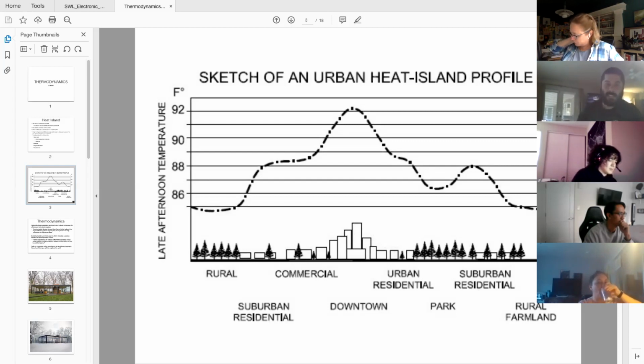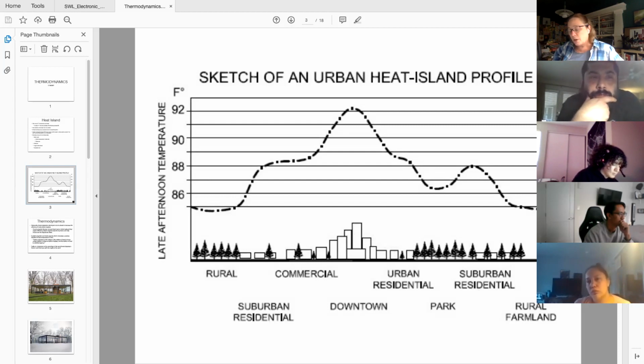Tabitha, back to your question about capturing the heat as opposed to just reflecting it back up to the sky. That is one of the strategies for cooling, to use thermal mass to actually capture that heat, and then try and re-radiate it back at night.